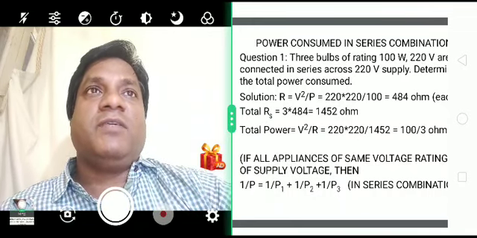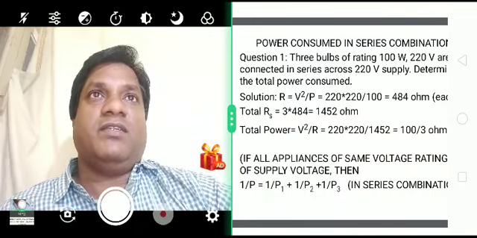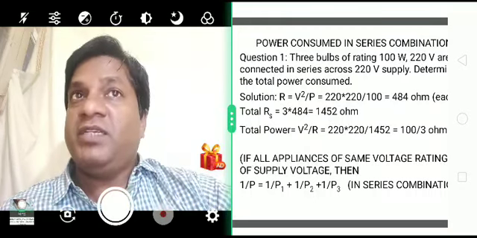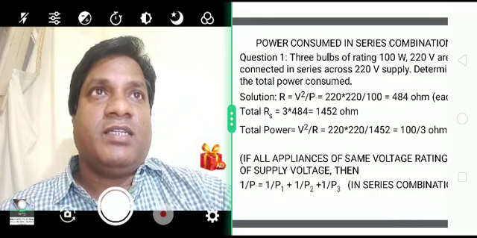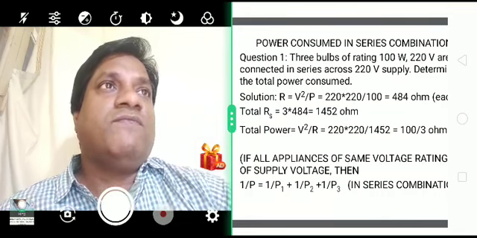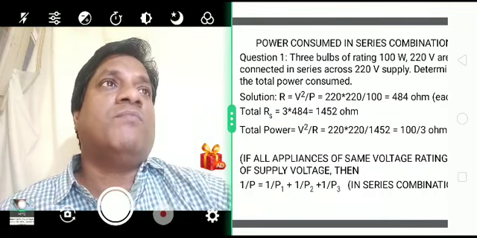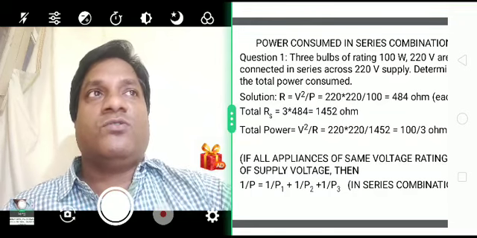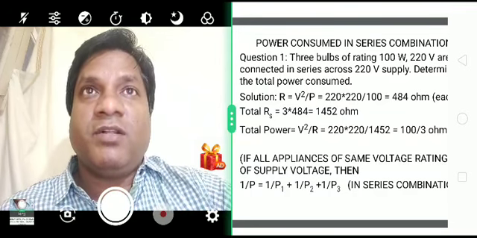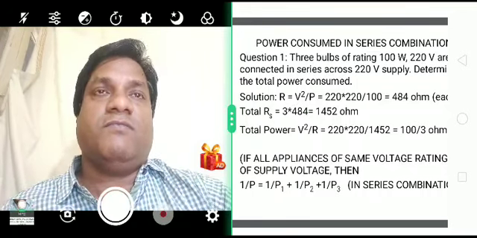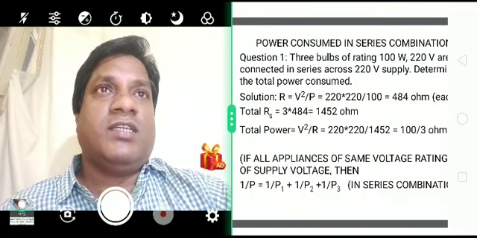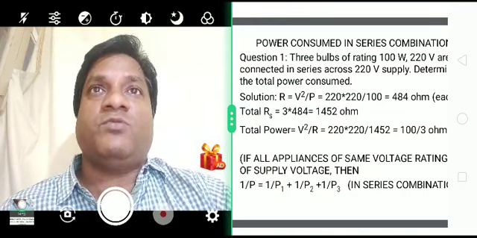The resistance of each bulb will be V square by P, because P is equal to V square by R. So R is equal to V square by P, and that is equal to 484 ohm for each bulb. So the total resistance of the three bulbs in series combination is 3 times 484 ohm, that is 1452 ohm.